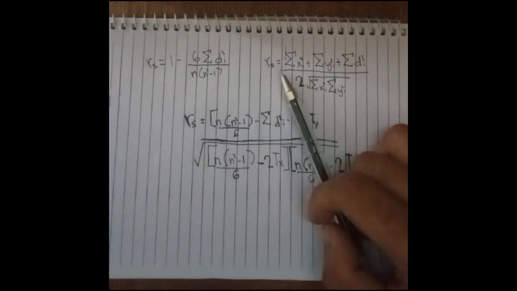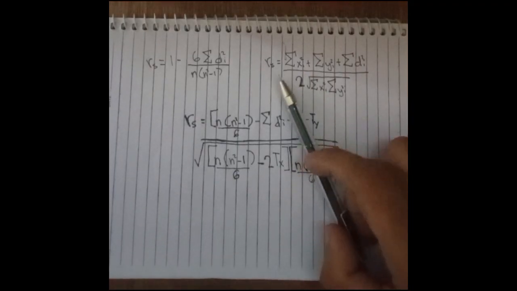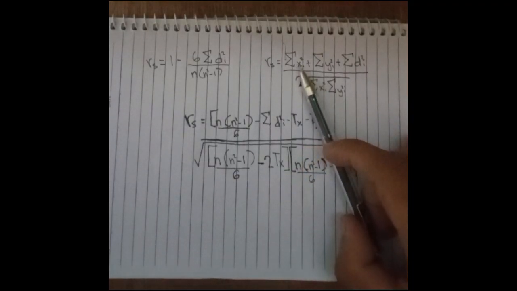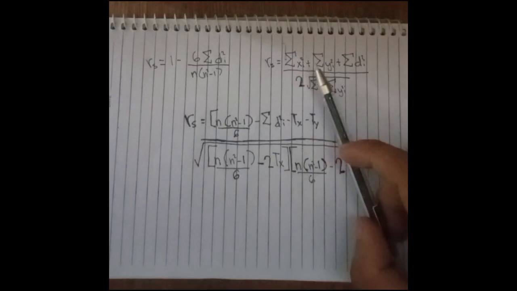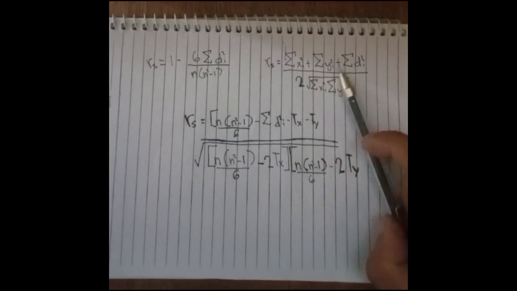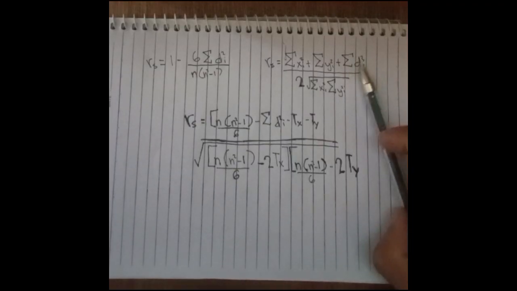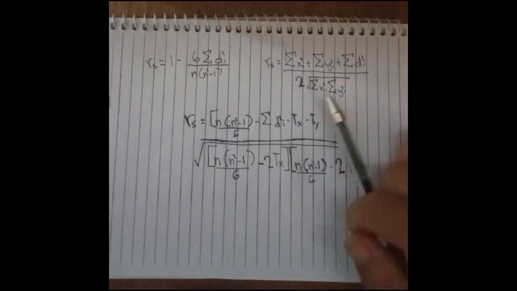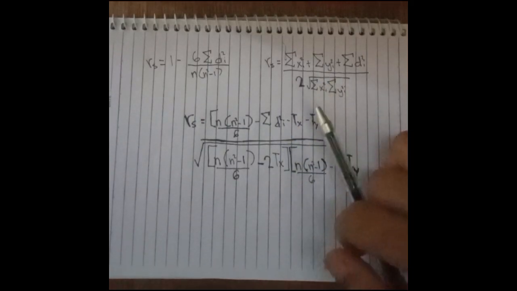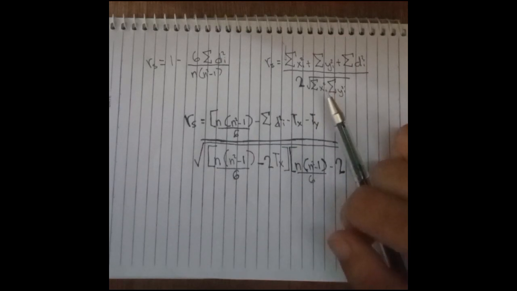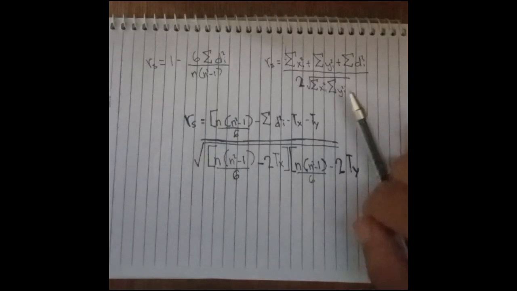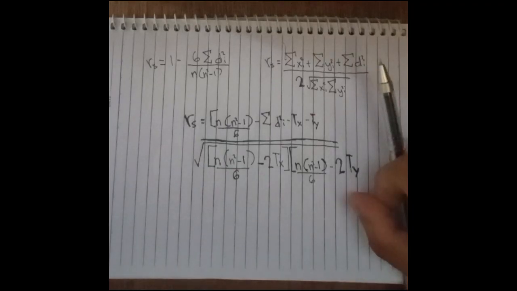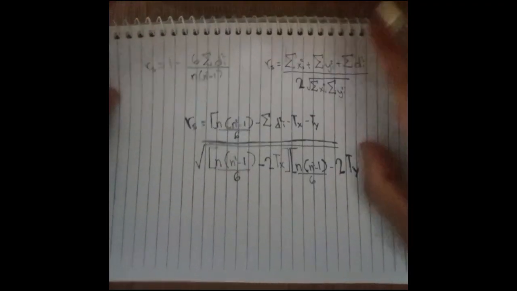In the adjusted formula, r sub s is equal to the summation of x squared sub i plus the summation of y squared sub i plus the summation of d squared sub i, which we already discussed, all over 2 times the square root of the summation of x squared sub i times the summation of y squared sub i.